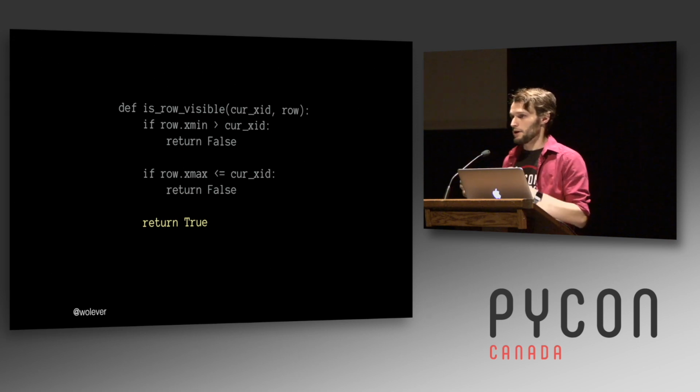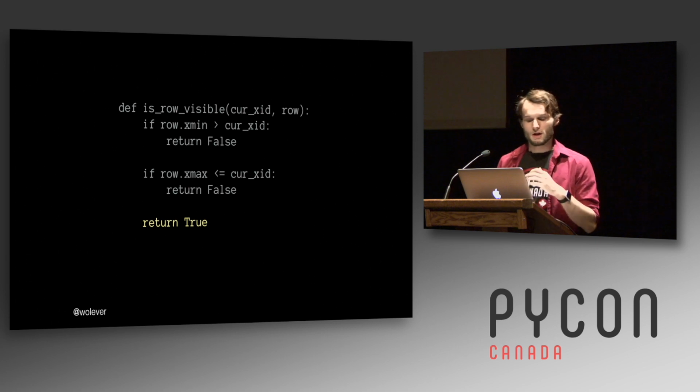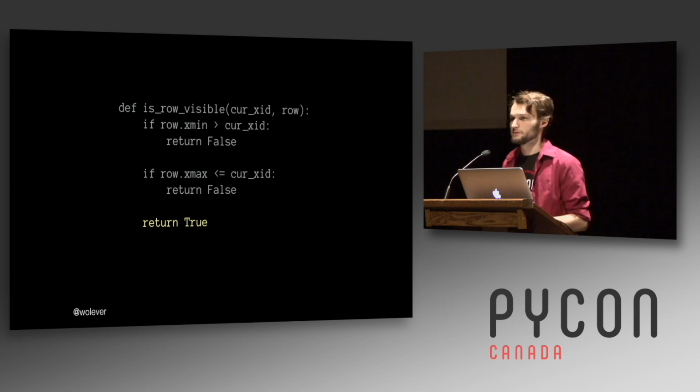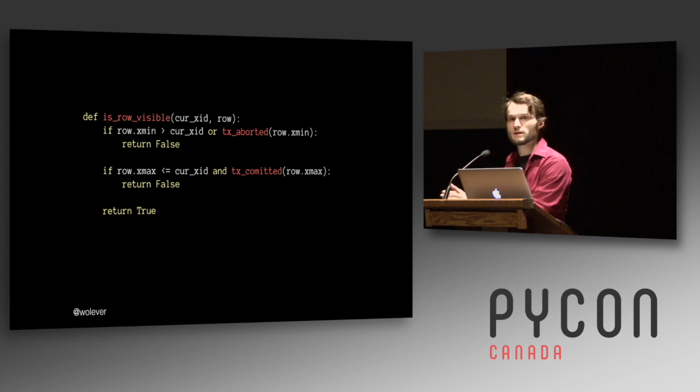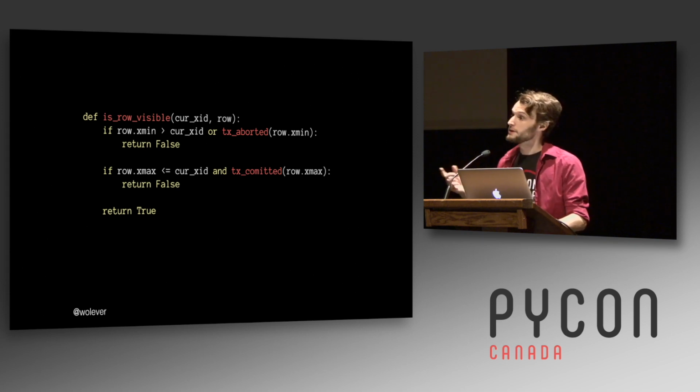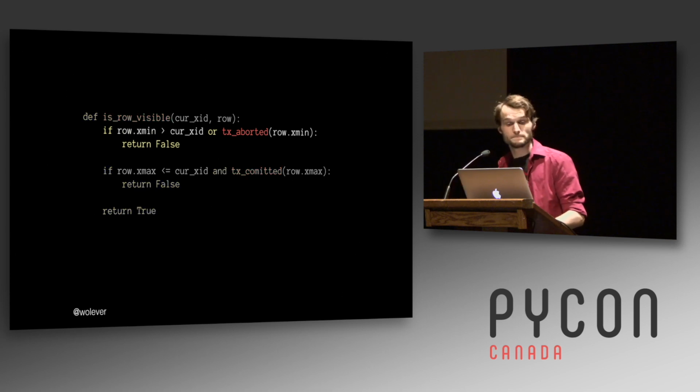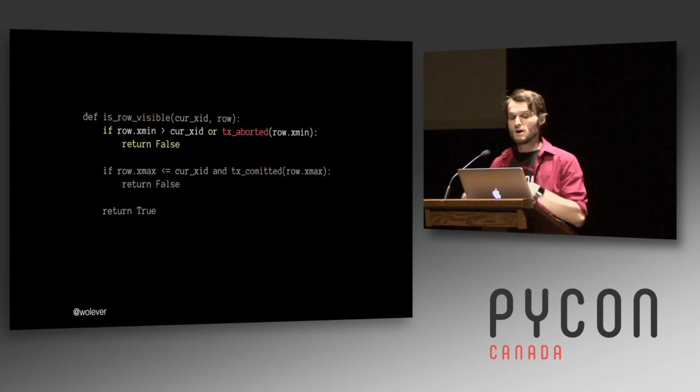Now, like I promised, that is a bit of an oversimplification. It's more than good enough to understand what's going on here, but I do want to appease the database geeks in the audience, so I need to be a little bit more precise. What's actually going on is, remember that transactions can be either committed or aborted. And that needs to be considered when we're checking the row visibility. So we don't just check the xmin, we also check to see if that xmin was aborted.